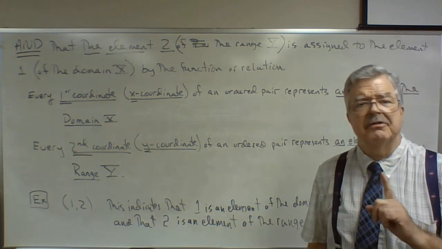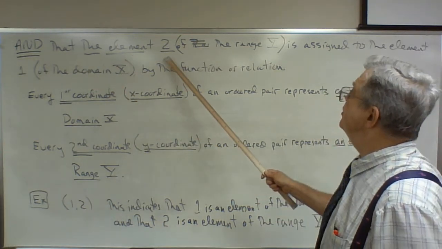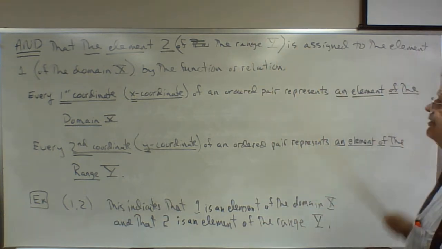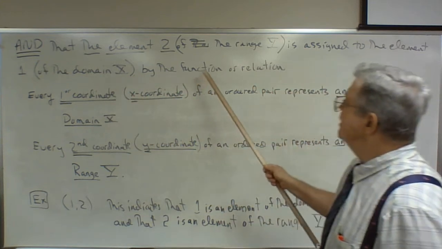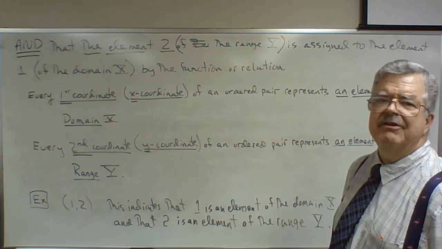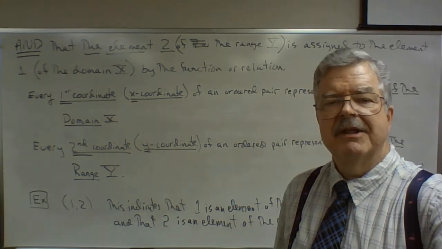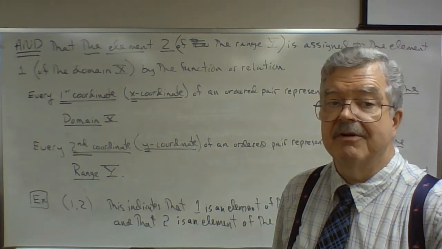And it tells us a little bit more. It tells us that the element 2 of the range is assigned to the element 1 of the domain x by the function or the relation, whatever it is we're working with. So let's look at sets of ordered pairs as they define a relation or a function.